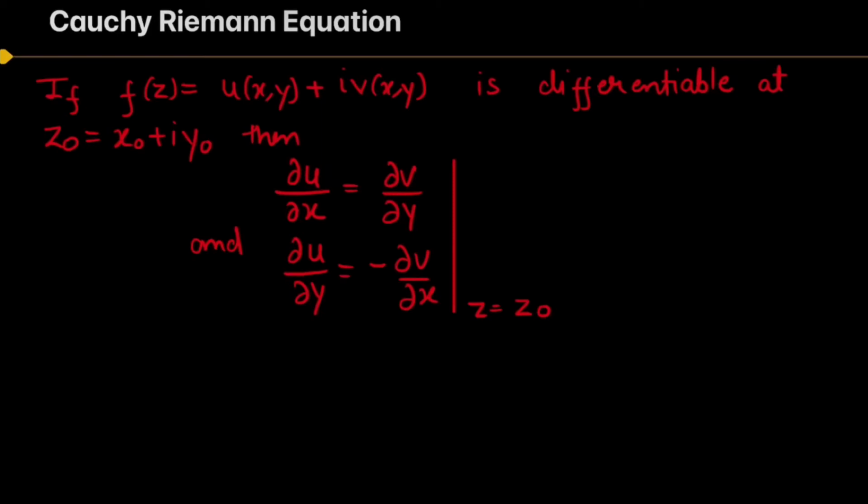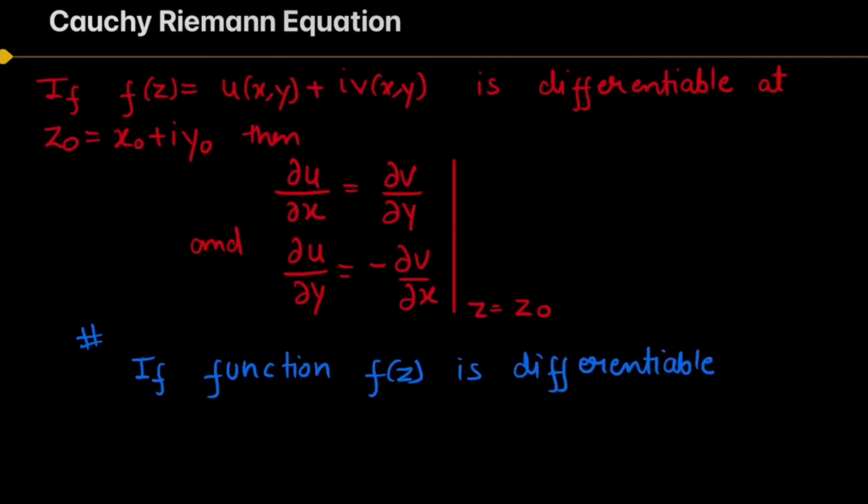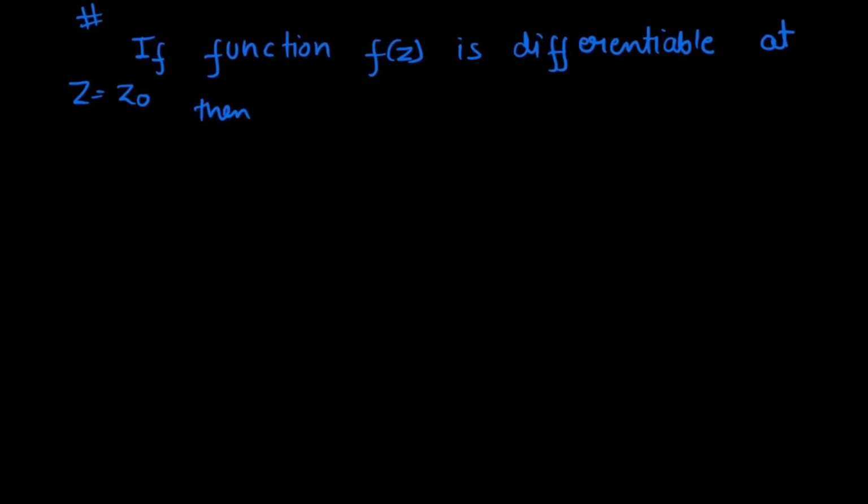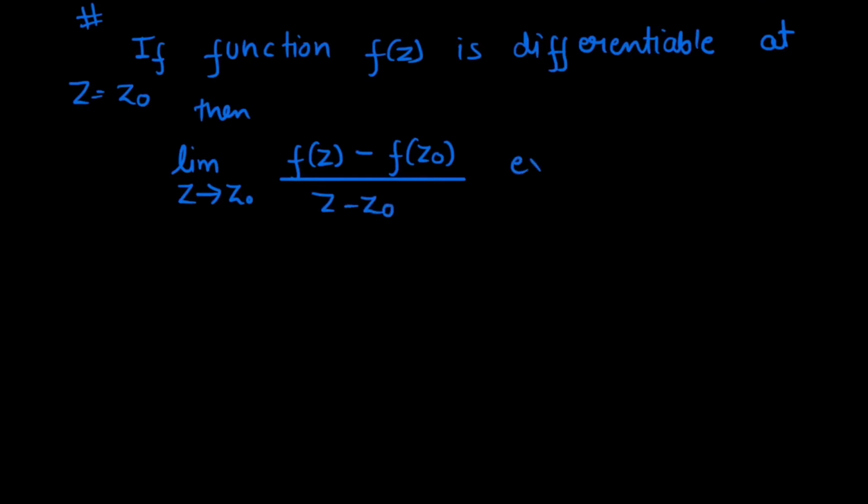Okay. Before we start proving Cauchy Riemann equation, let us first recall what it means for a function to be differentiable. If function f of z is differentiable at z equals z naught, then the limit as z tends towards z naught of f of z minus f of z naught over z minus z naught exists.